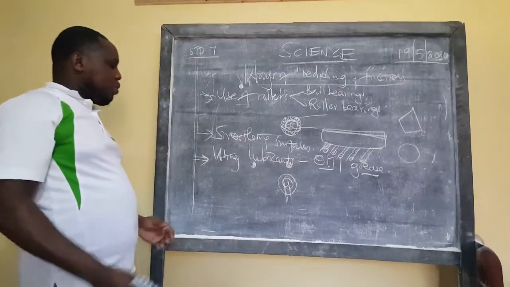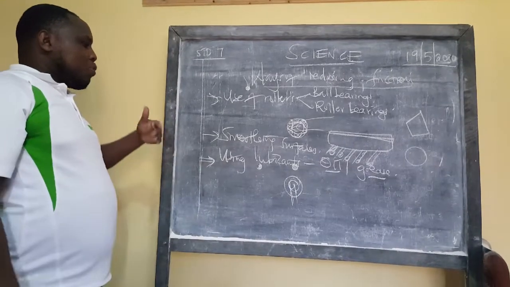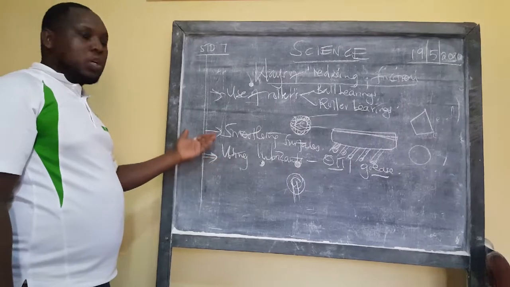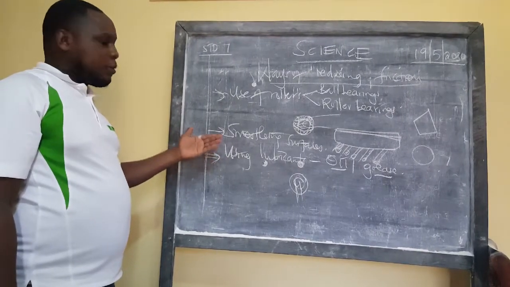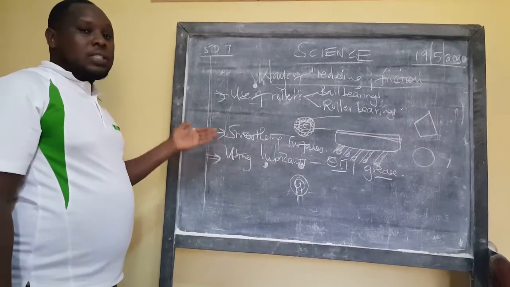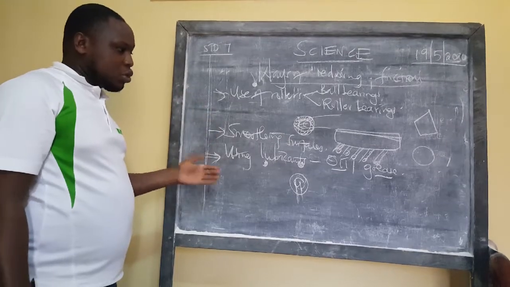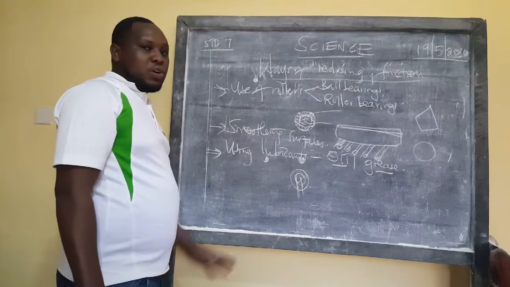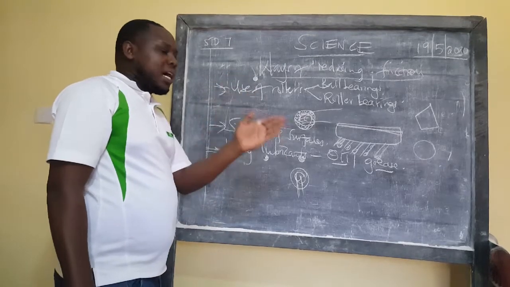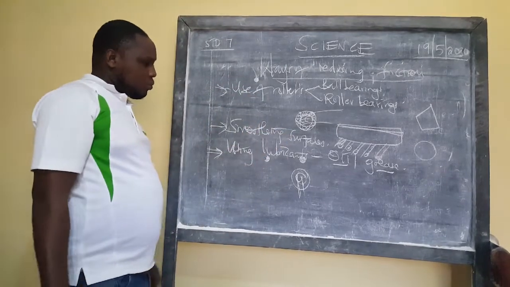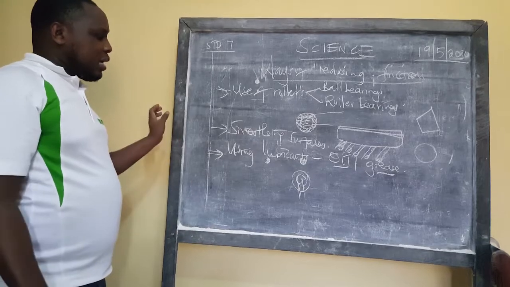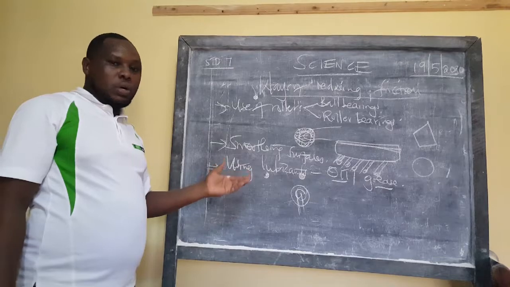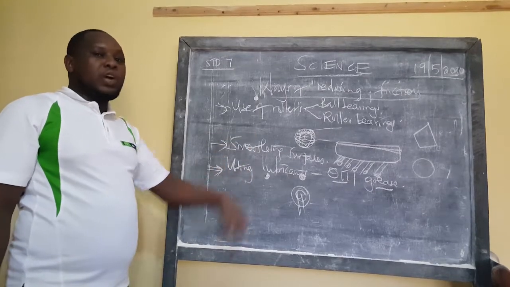So that's how we reduce friction. Because of that, you will not hear the sounds. The place will not become so hot, because when there's friction, there's production of unwanted heat. Even if you go and touch it, it is going to be very cold because there is no friction between the axle and the wheel. That's why in the engines of a vehicle or a motorcycle, they put oil.